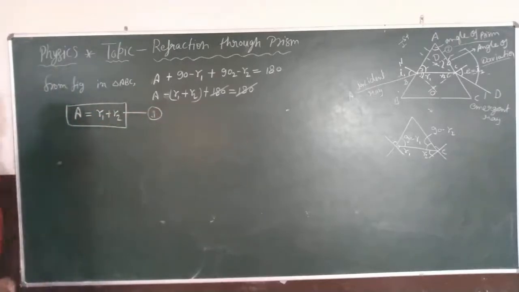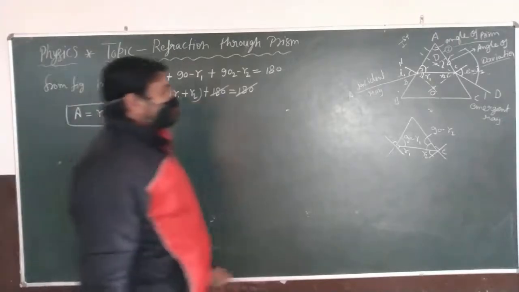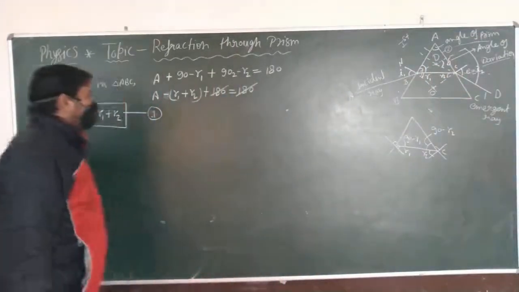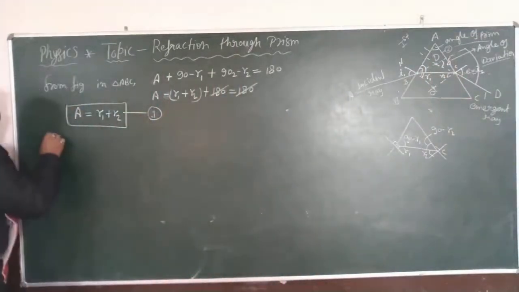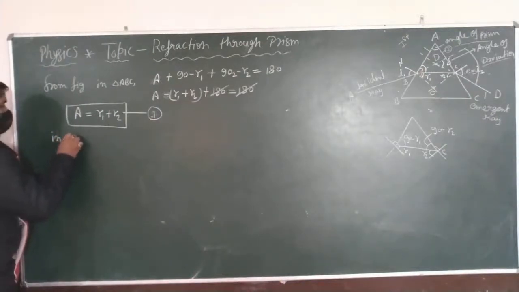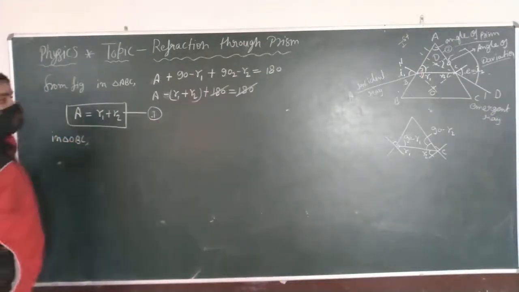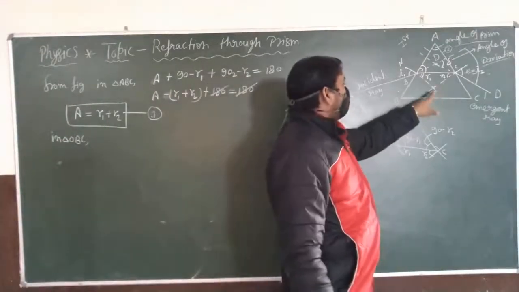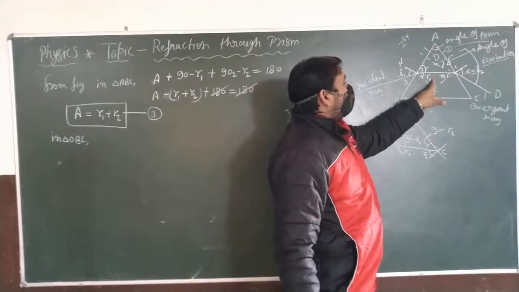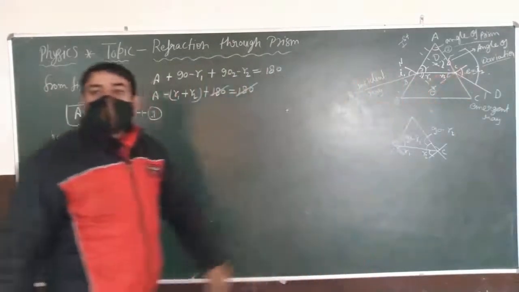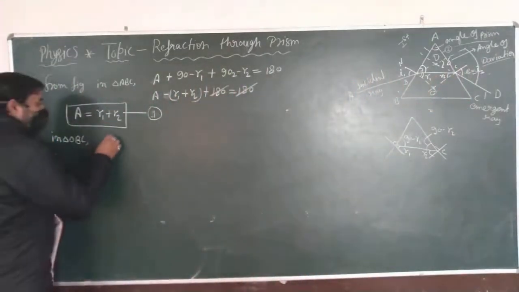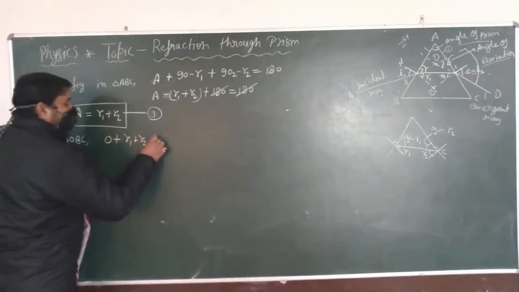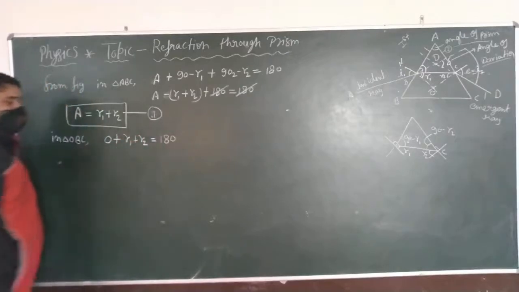Let's call it equation first. Okay, now in triangle OBC, again using the angle sum property of a triangle, angle O plus R1 plus R2 is equal to 180.